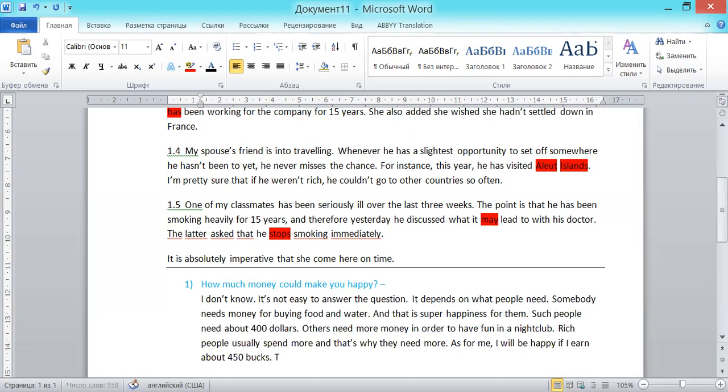Okay, the sum will cover my daily expenses, and also I could go to the cinema with my friends, because I like it.